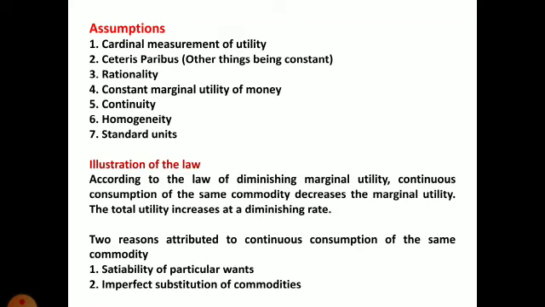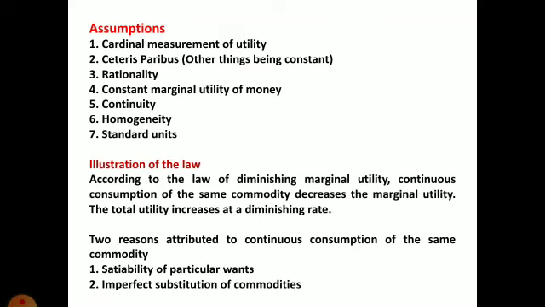For example, the consumption of one banana in the morning and another one in the evening will not diminish the marginal utility. If we have to measure the marginal utility, it has to be consumed one after the other without any time interval.